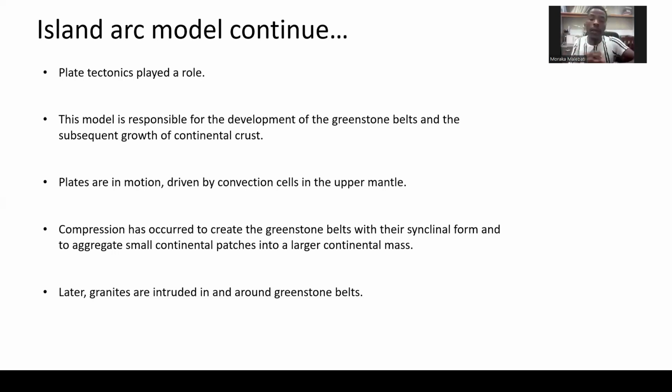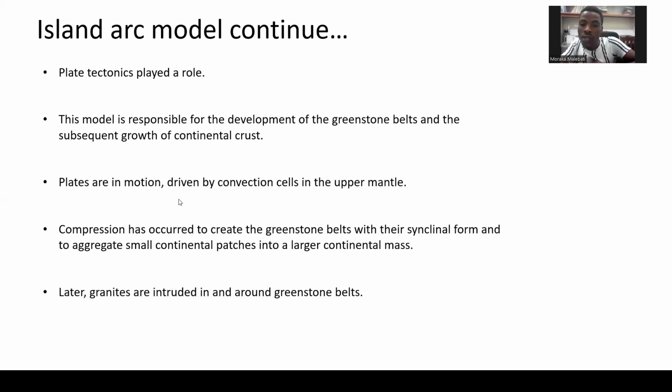That's how these continents grow, right? So which is why we say the island arc model is not only responsible for the formation of the greenstone belts, but also for the growth of the continental crust, or what we call the microcontinents.